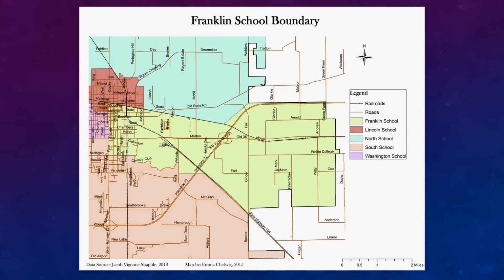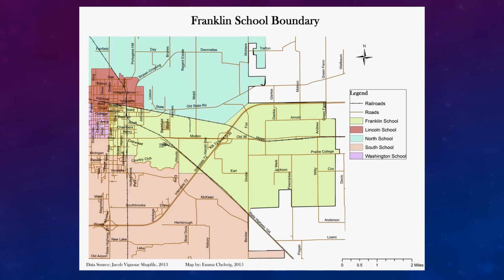This map shows a close-up of the Franklin school boundary. This is the area that we need to distribute amongst the adjacent schools to ensure that all students, taxpayers, and families in Jacksonville School District 117 have a defined elementary boundary.